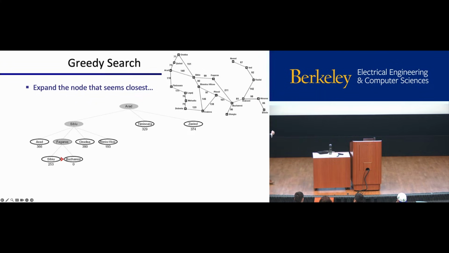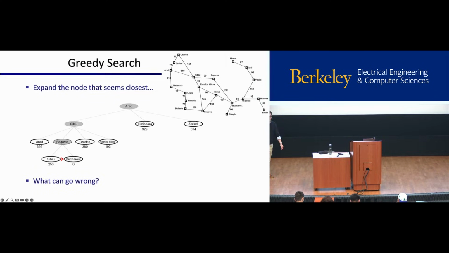Why does Bucharest have a heuristic cost of 0? Yeah. Because it's the goal, right? It's a heuristic that's estimating the cost to the goal. We're at the goal. So the heuristic value should be 0. So here we go. We found the goal. The heuristic says we're done. That's great. We found a plan.